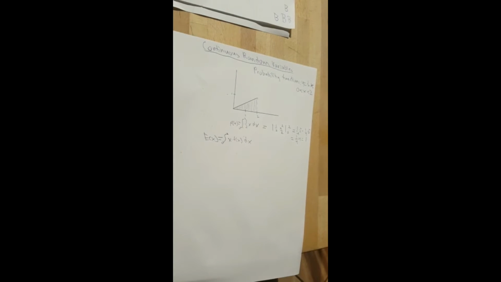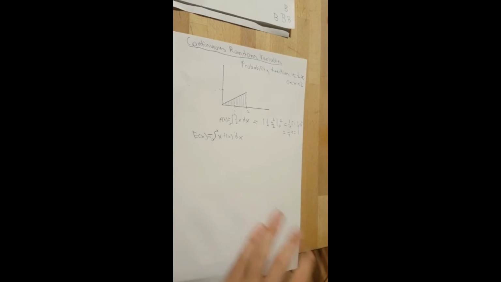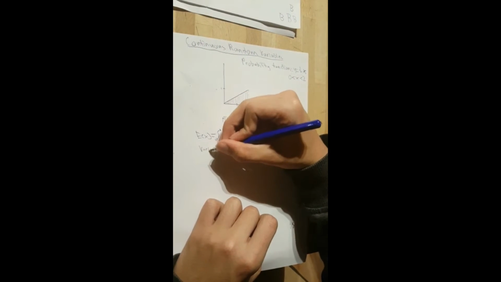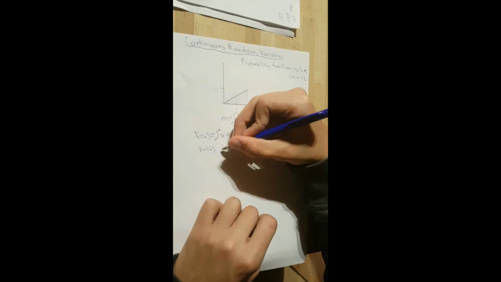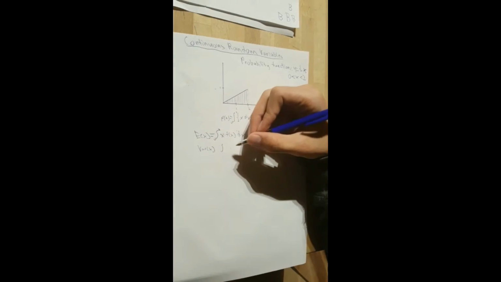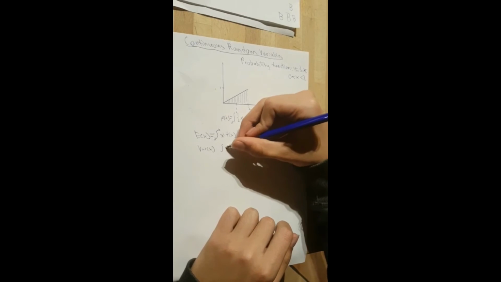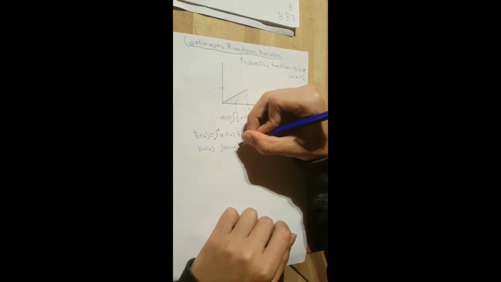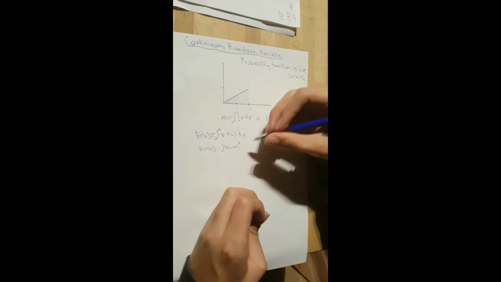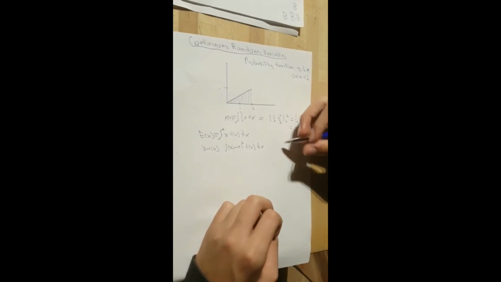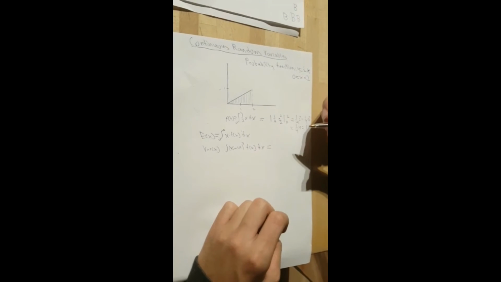Now the variance, also similar to the discrete random variable one, looks like this. It's the integral of x minus the expectation squared times the probability, so that's times f of x dx. And once again, there's also a second form.